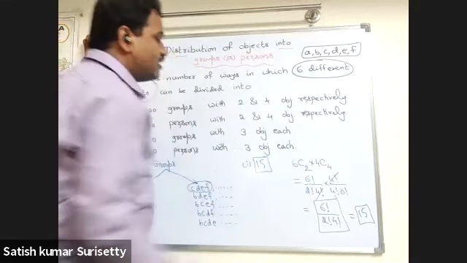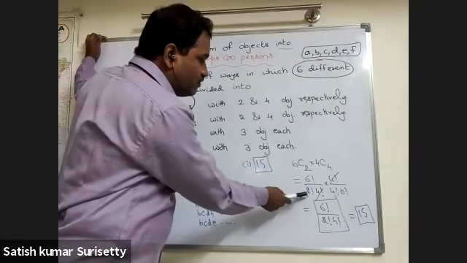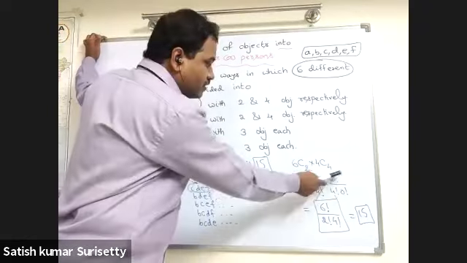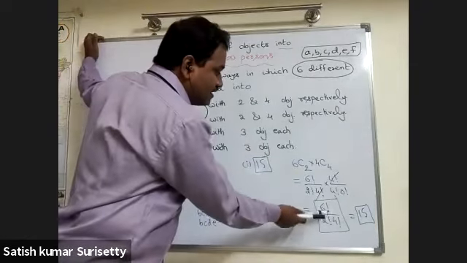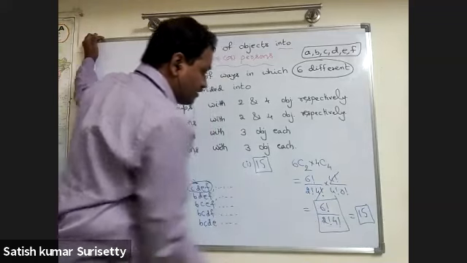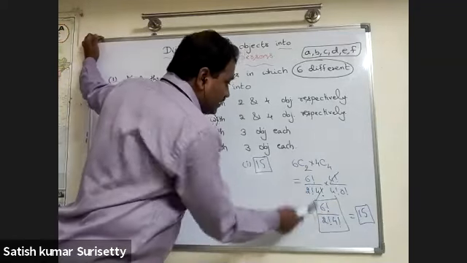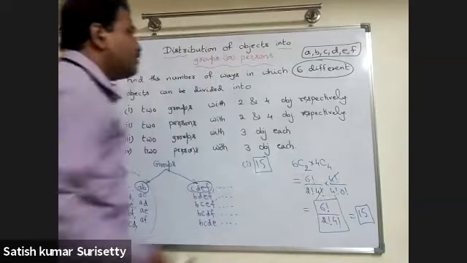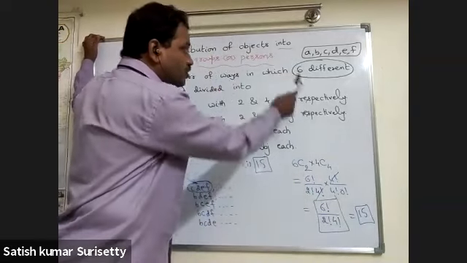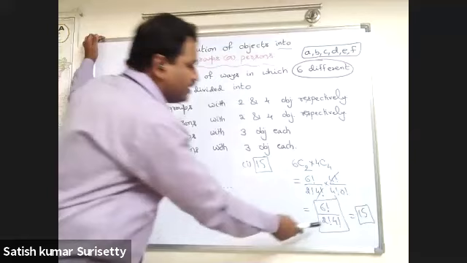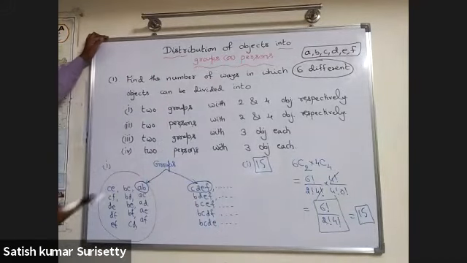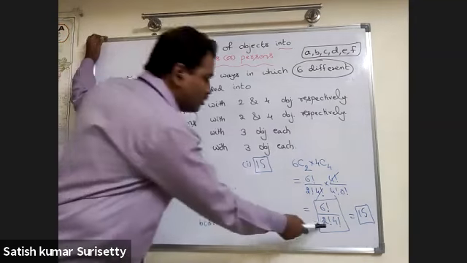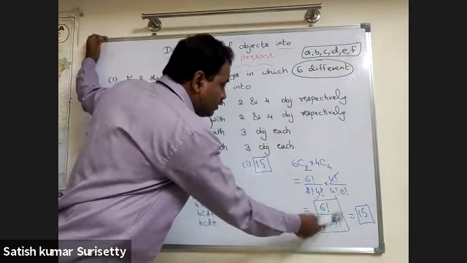In factorial notation, it is 6 factorial upon 2 factorial 4 factorial, into 4 factorial upon 4 factorial into 0 factorial. Now if I simplify, I can rewrite this as 6 factorial upon 2 factorial into 4 factorial. I can correlate this to the given problem: the numerator corresponds to the total number of objects, and the denominator corresponds to the number of objects each group contains. So one group contains 2 objects, another group contains 4 objects.